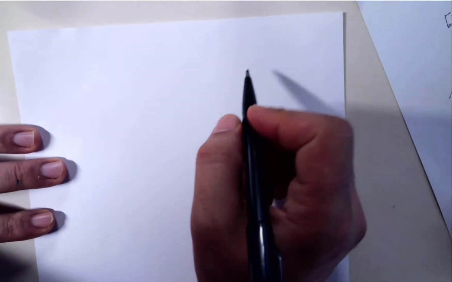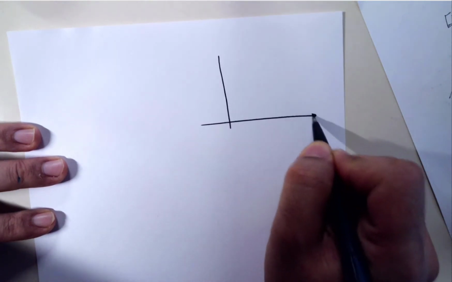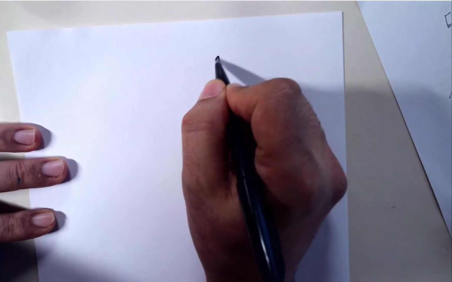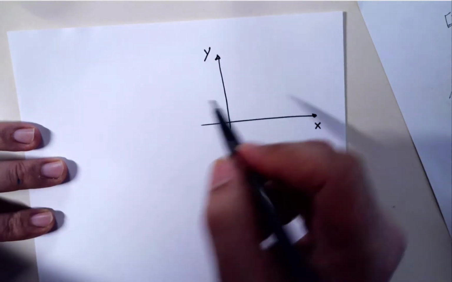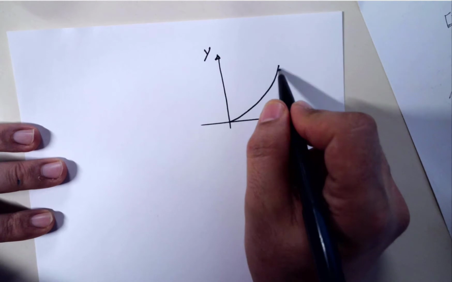Okay, so in this problem we want to find the CG of this function in x and y, and we have a function that is bounded.